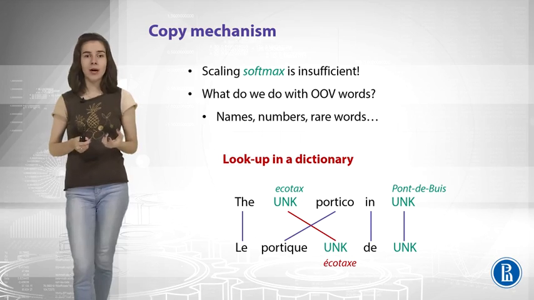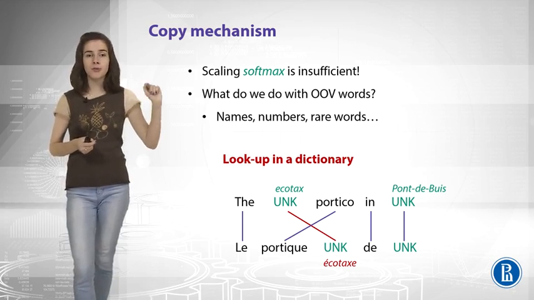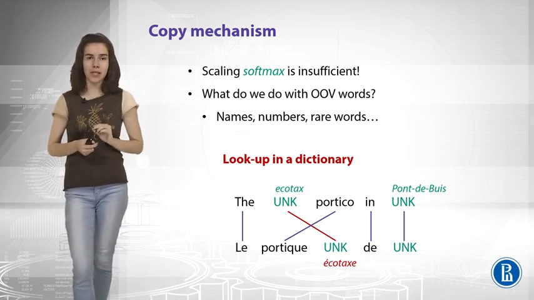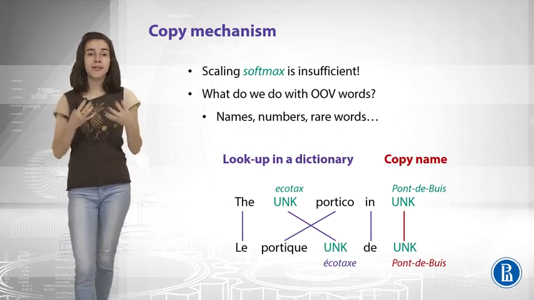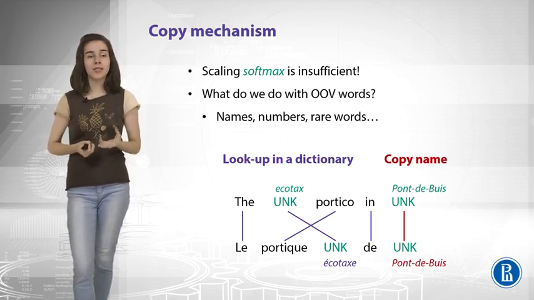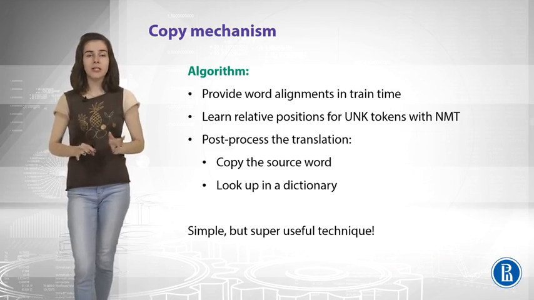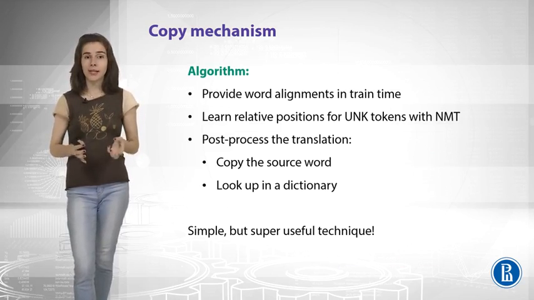So you can say, okay, this unk corresponds to that unk, which corresponds to this source word. Let us just do dictionary translation. Or let us just copy, because this is the name of some place or some other name. Let us just copy this as is. This is why it is called the copy mechanism. And the algorithm is super simple. You need first to make sure that you somehow learn word alignments.